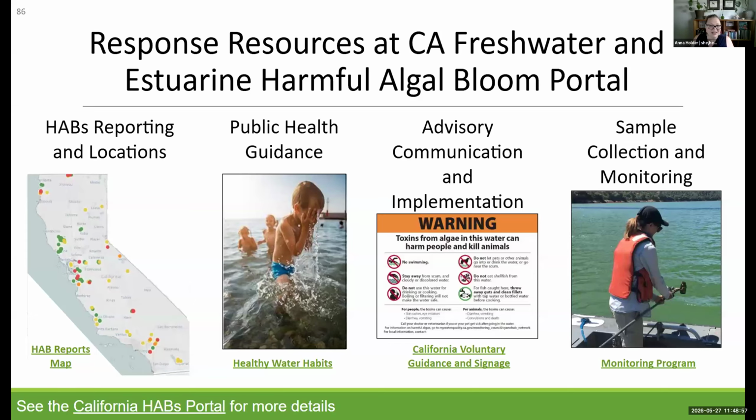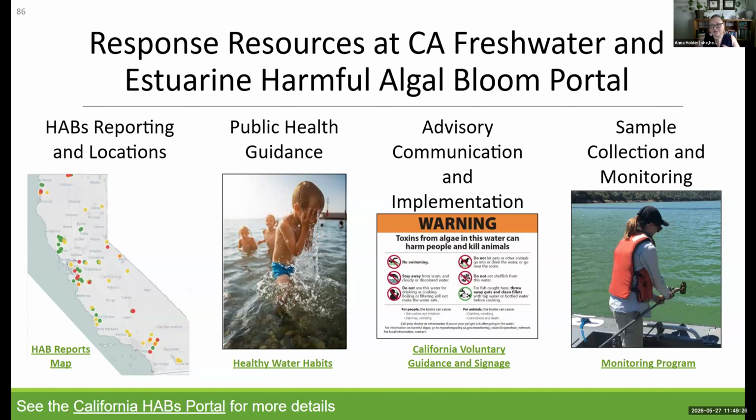If you've been in any of these trainings before, this is old news for you, but we like to keep the reminders coming just in case. We talked a lot about the sample collection and monitoring materials today. So the monitoring program link can take you to the standard operating procedures, field checklists, data sheets, videos of sample collection methods, all those good things.